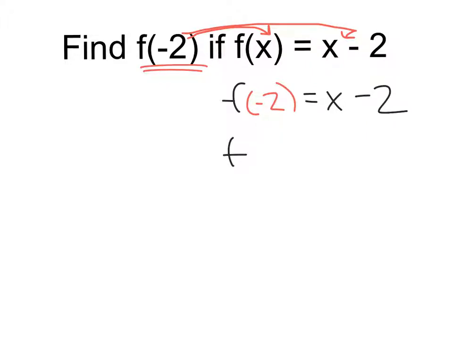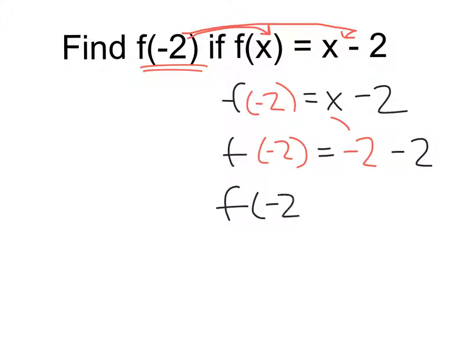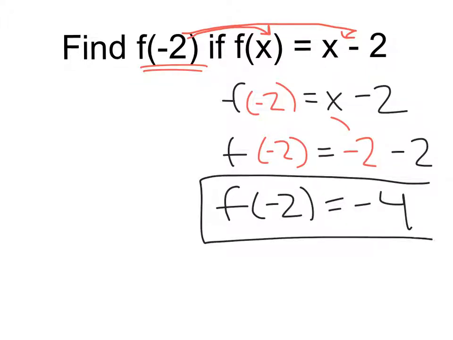So again, that's f of -2, and again, I'm just showing you all of the steps. Equals -2 for x minus 2. And if we simplify this, that would give us -4 for f of -2, which means that when x is -2, y is -4.